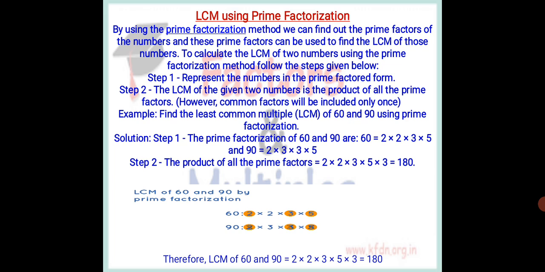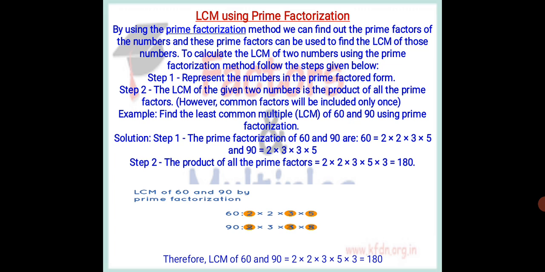Look at the figure children, the following figure. 60 means 2 into 2 into 3 into 5. Next, 90 equal to 2 into 3 into 3 into 5. So, the first common among them is 2. The second common among them is 3.